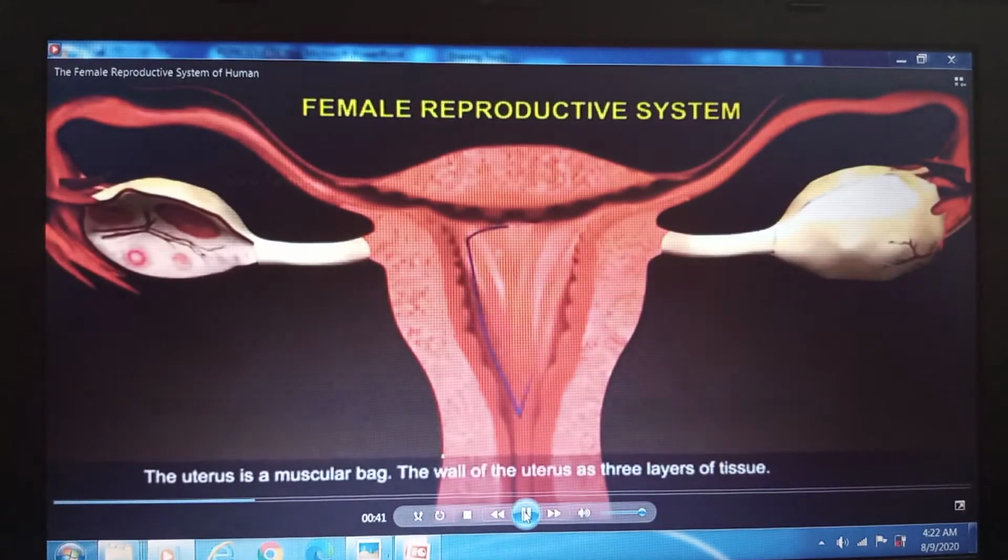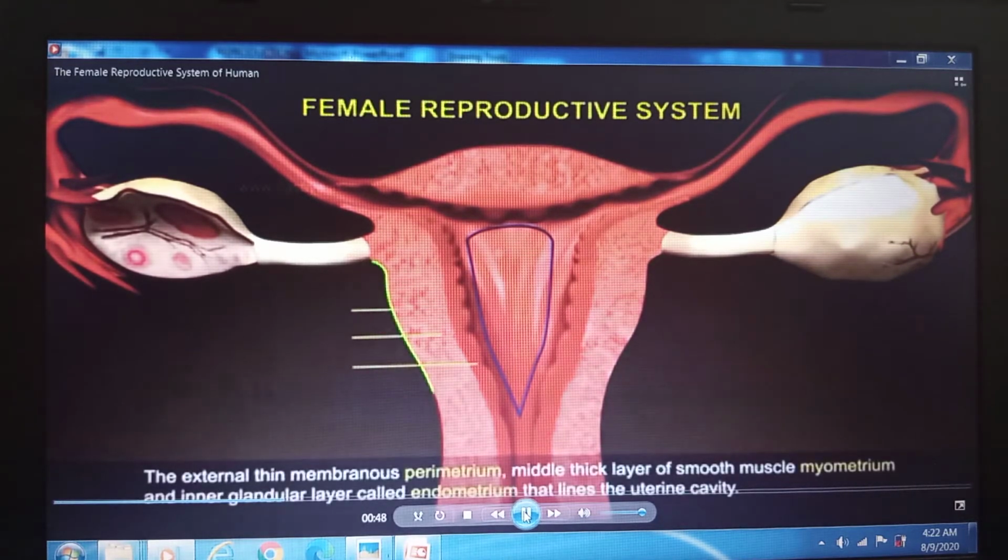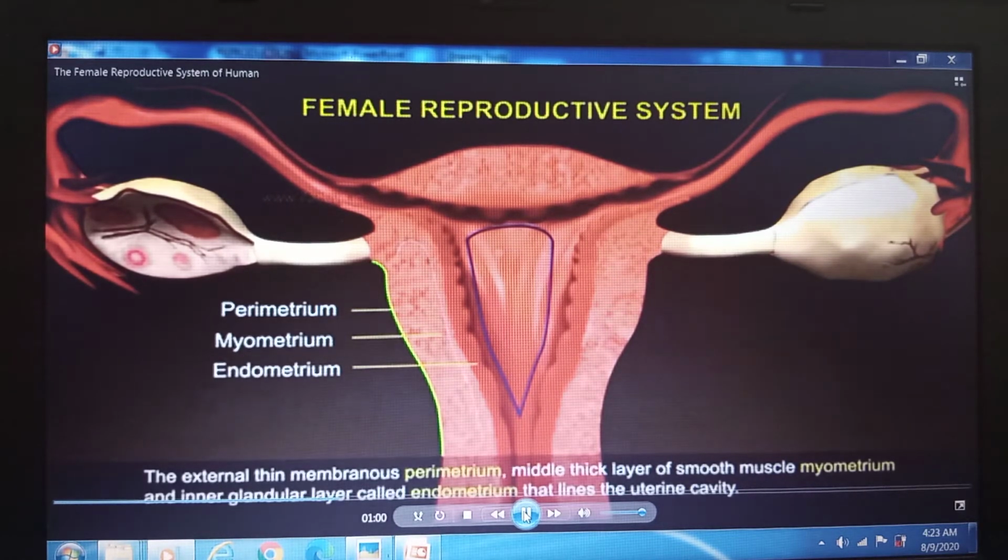The uterus is a muscular bag. The wall of the uterus has 3 layers of tissue: the external thin membranous perimetrium, middle thick layer of smooth muscle, myometrium, and inner glandular layer called endometrium that lines the uterine cavity.